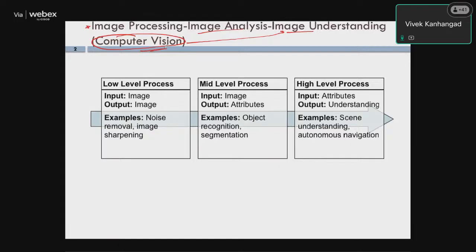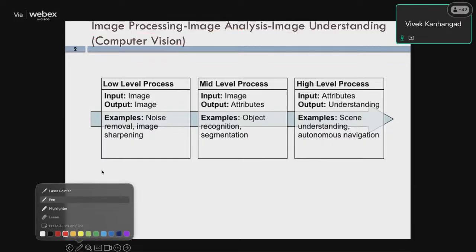You can develop a system that does some image processing, or somebody might say this work involves image analysis, or that this system is a computer vision system involving image understanding. So there is always this confusion.